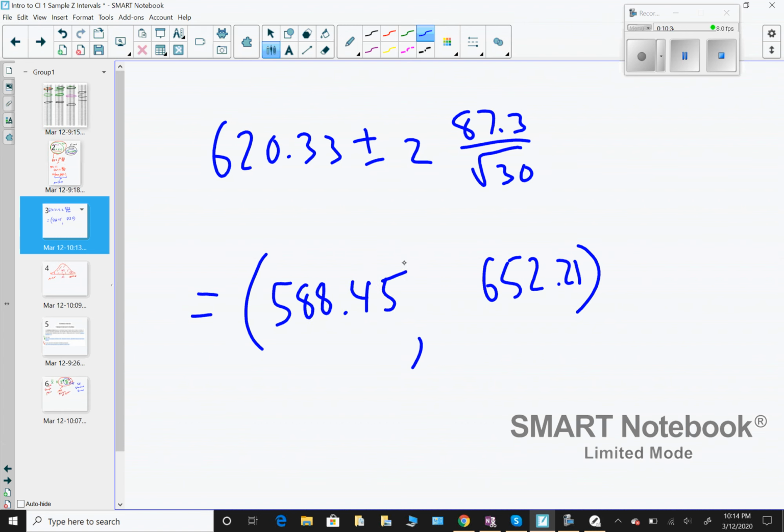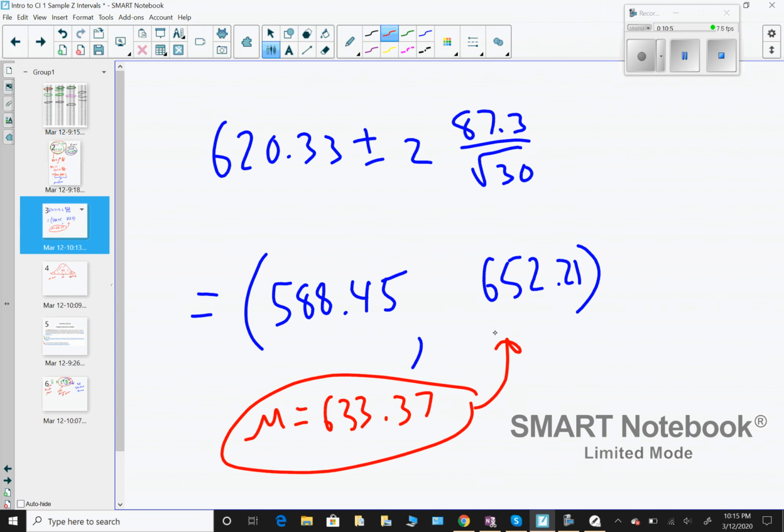So this person would say they're 95% confident that the true mean is somewhere between 588.45 and 652.21. And again, this person also captured the true mean, which was 633.37.